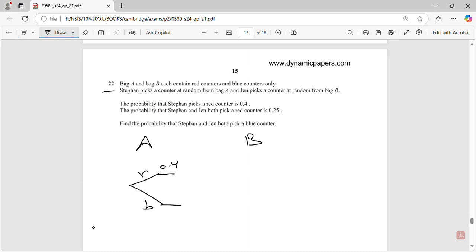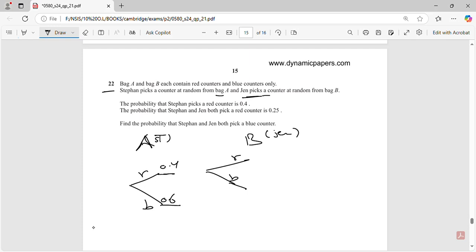Of course, the blue counter will be 0.6. Now bag B would also have red and blue. He said Stephen picks a counter at random from bag A and Jane from bag B. I don't have anything about Jane for this. This is for Stephen, of course.